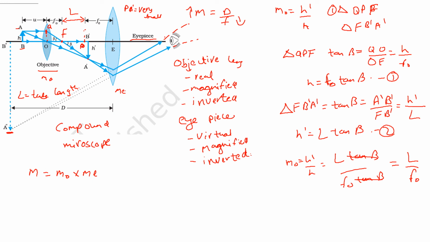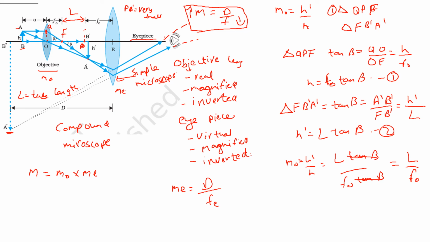Now next we need to find the magnification of eyepiece. In this case, the eyepiece acts as a simple microscope. So we know the magnification of simple microscope that we studied in the starting of this lecture. It is given by D upon F, and here F of eyepiece, therefore I'll write D upon Fe.